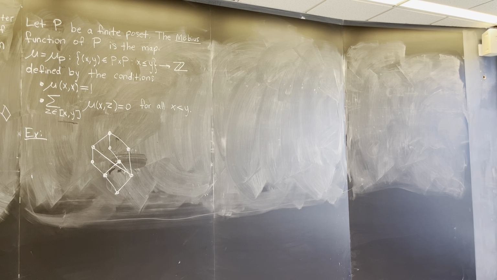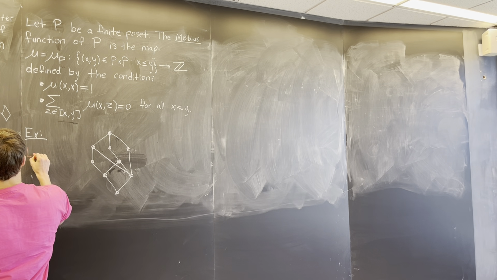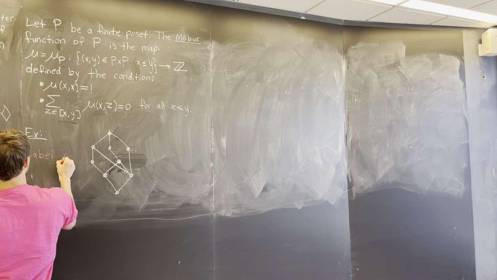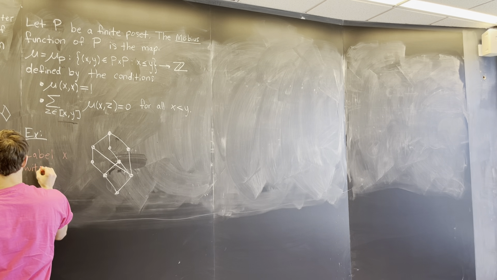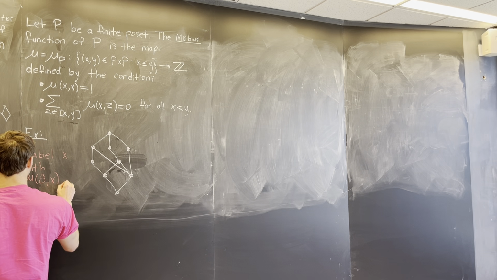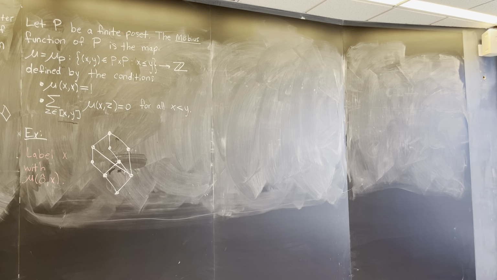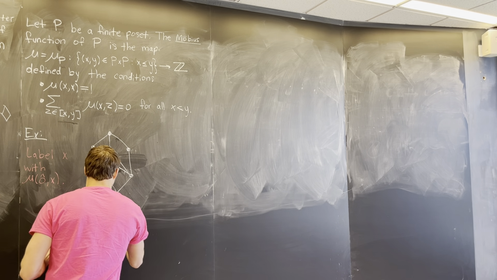So I'm going to label an element x with mu of (0 hat, x), where the bottom element is 0 hat. Okay, so this is 0 hat down here.